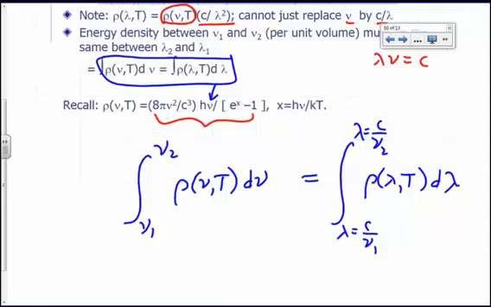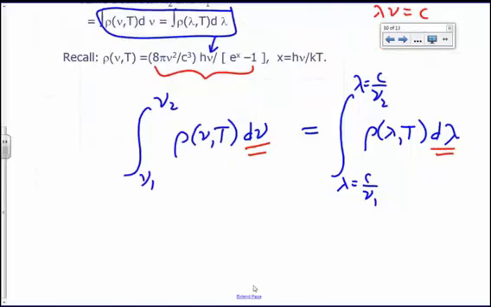So if we're going to do a change in variables, our integration variables, then we say d nu is equal to d nu d lambda times d lambda. It's like saying d lambda cancels out, right?